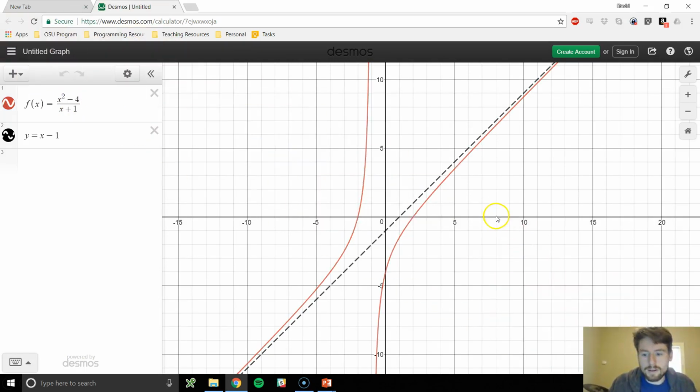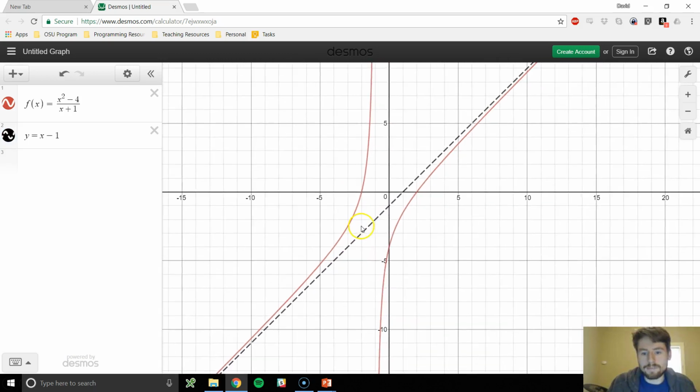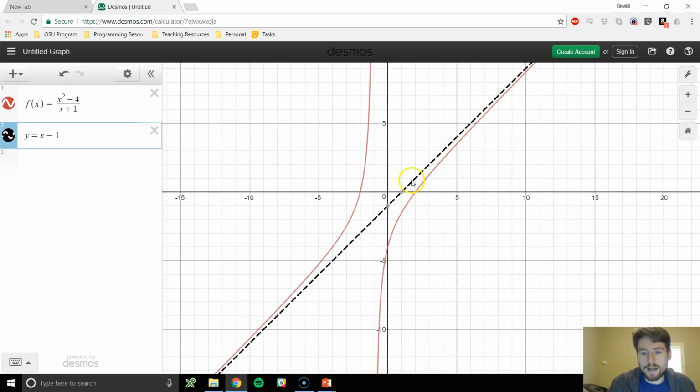I was able to figure out, and we'll do this together in a minute, that the slant asymptote is the line y equals x minus 1, graphed as the black dashed line.